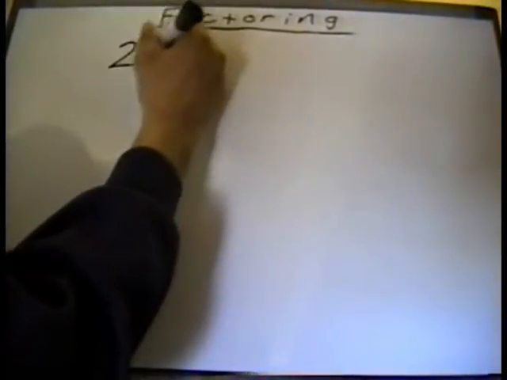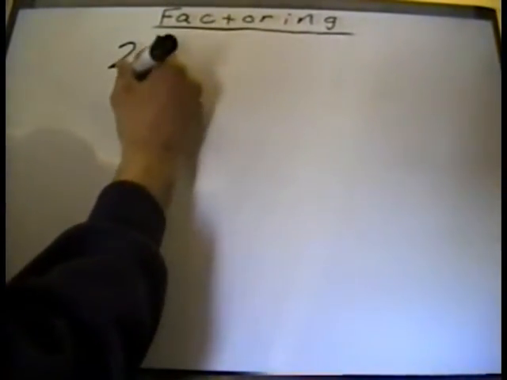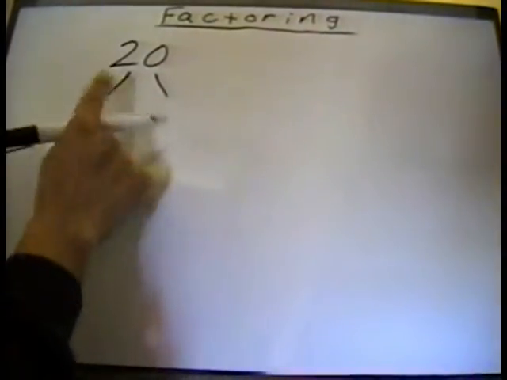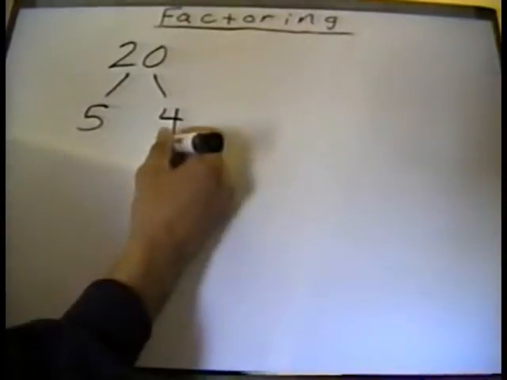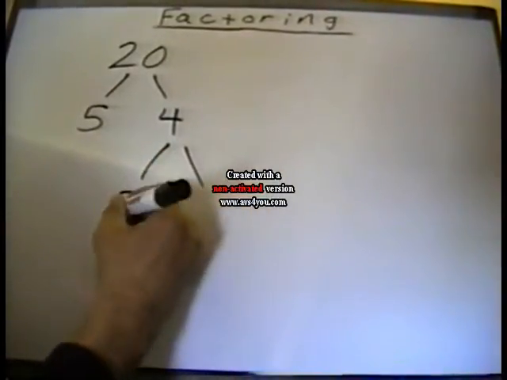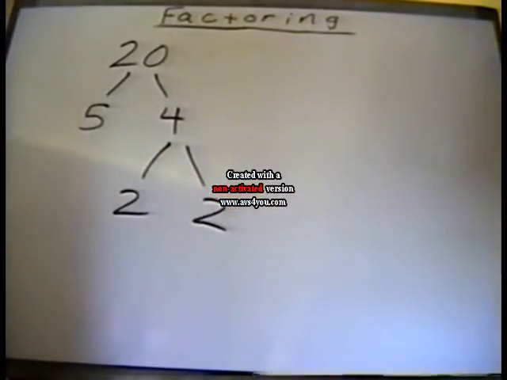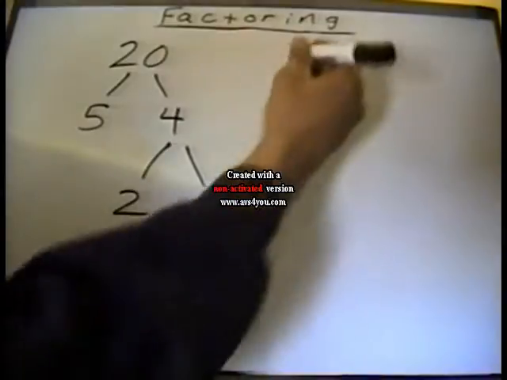Okay? Now let's factor a greater number, such as 20. 20 can be factored into 5 and 4. And then 4 can be factored into 2 and 2.